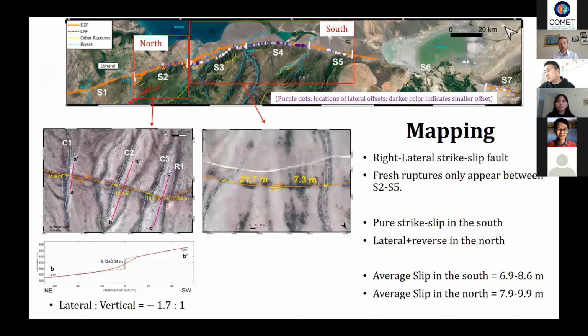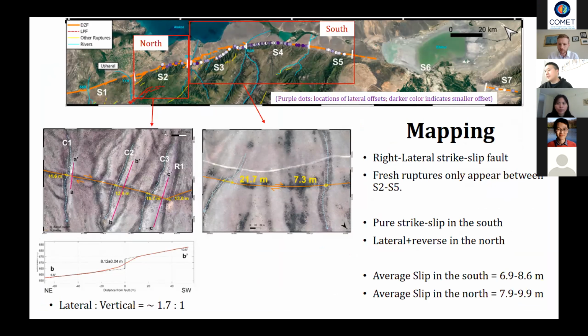Based on the mapping results, we separated the Zhangjiaran Fault into 7 sections, but we found the fresh surface ruptures only appear between sections 2 to 5, which could be a constraint for the rupture length. Also, the southern sections are dominated by pure strike slip motion, whereas the northern parts have both reverse and lateral components. We further found that the average slip in the southern part is 7 to 9 meters.